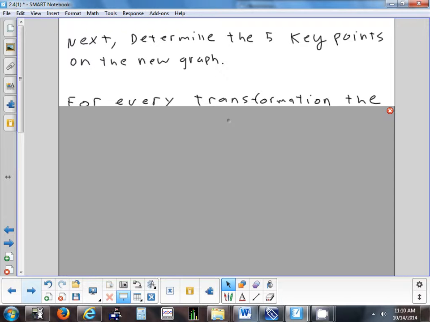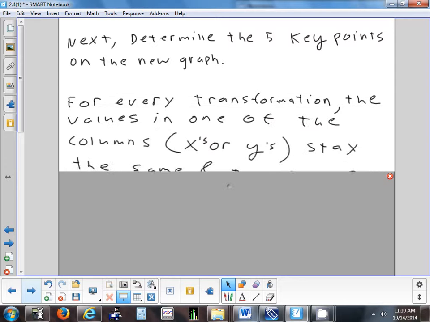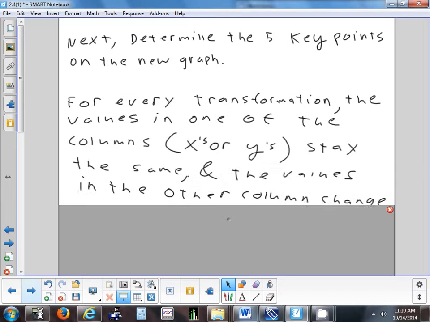If I move something left or right, what's changing this time? The x's. And everything else would stay the same. So if I just move something left, it won't affect the y values at all. Left and right affects the x values. So for every transformation, either the x's are going to stay the same or the y's are going to stay the same. One or the other. And whichever one stays the same, the other one is going to change.